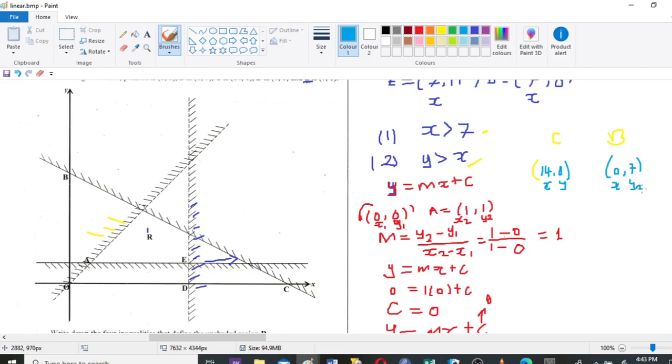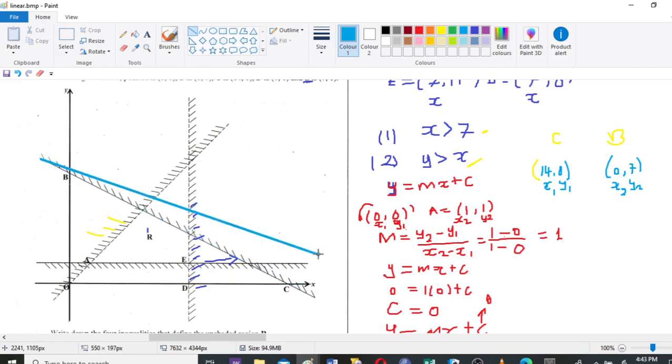So this can be your x2 and your y2, and this can be your y1 and your x1. The line we are focusing on here is this line again, the line connecting C and B.